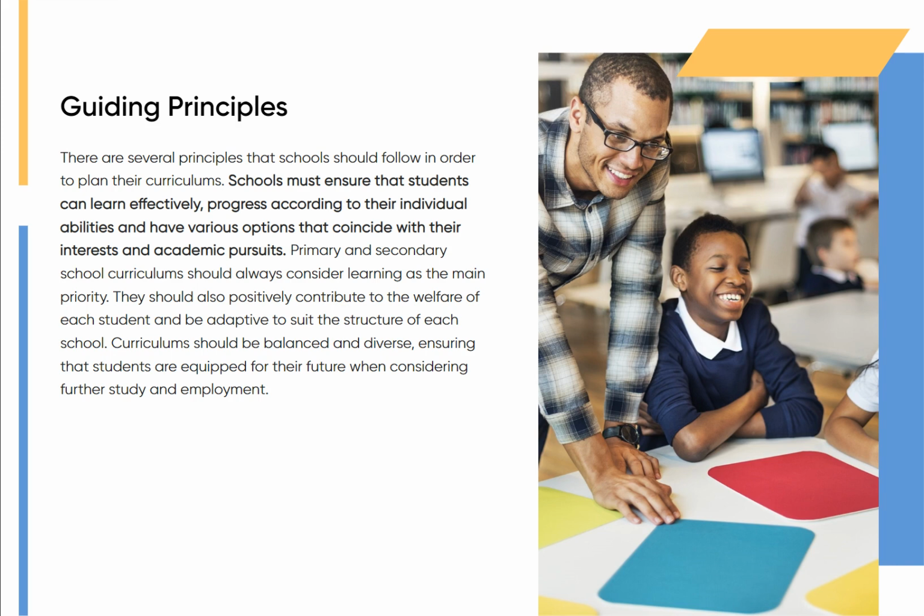Primary and secondary school curriculums should always consider learning as the main priority. They should also positively contribute to the welfare of each student and be adaptive to suit the structure of each school. Curriculums should be balanced and diverse, ensuring that students are equipped for their future when considering further study and employment.